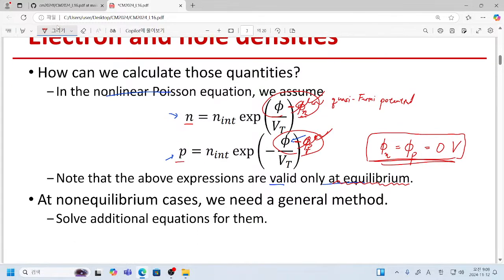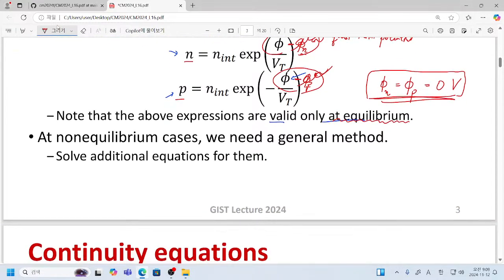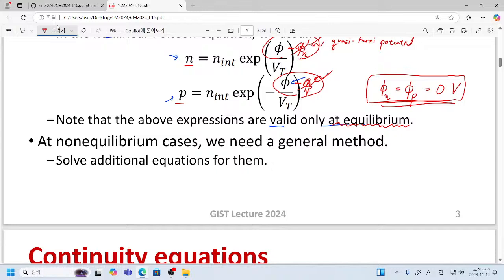I hope that all of you in this classroom have already solved this nonlinear Poisson equation, and can now calculate the equilibrium electron density. But that was only done at equilibrium.